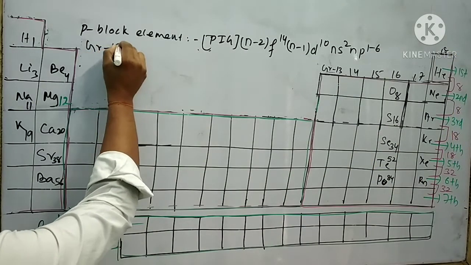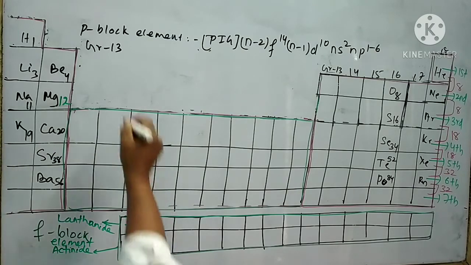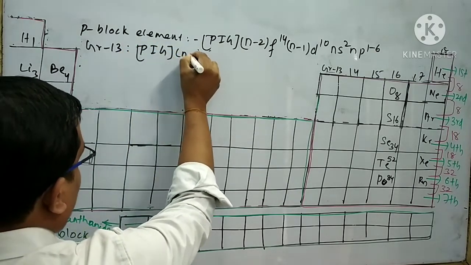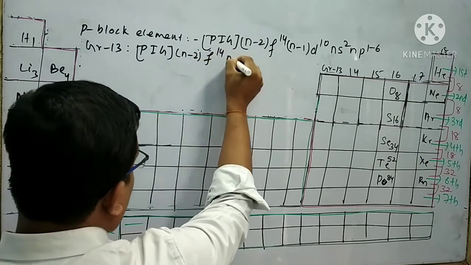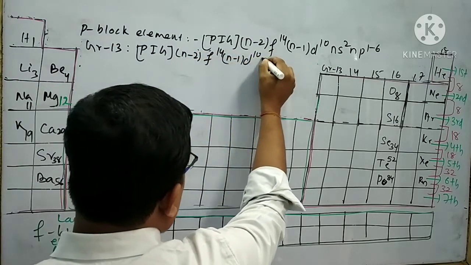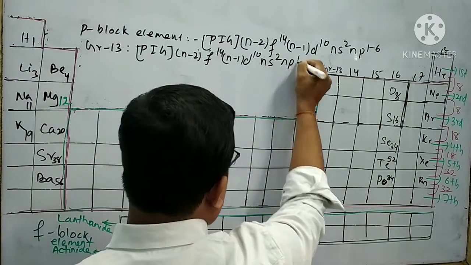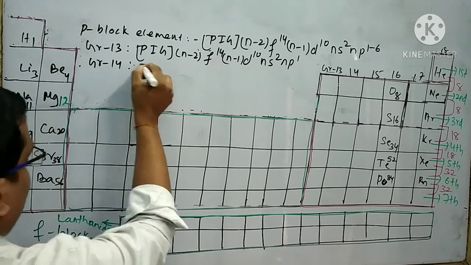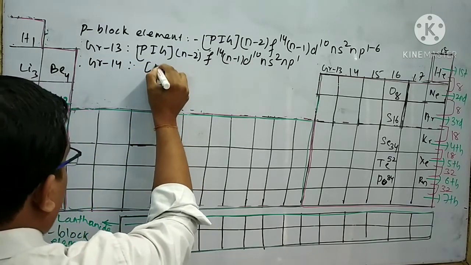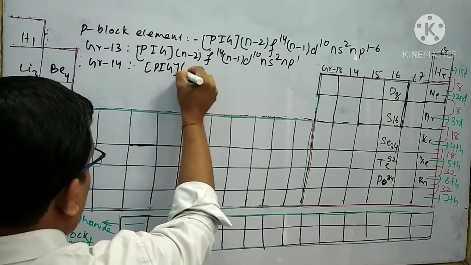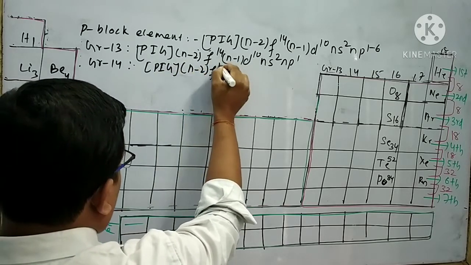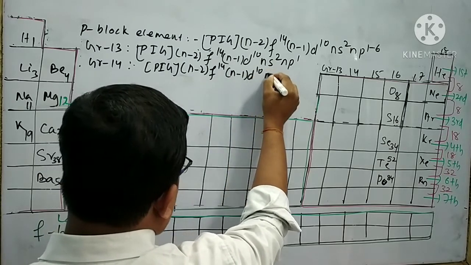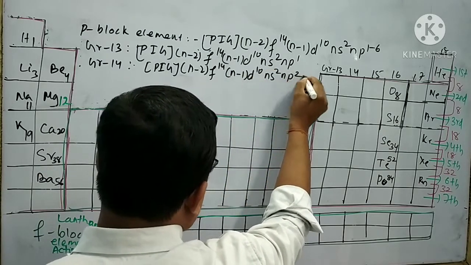For group 13 elements, the general electronic configuration is previous inert gas (n-2)f14 (n-1)d10 ns2 np1. For group 14, it is previous inert gas (n-2)f14 (n-1)d10 ns2 np2.